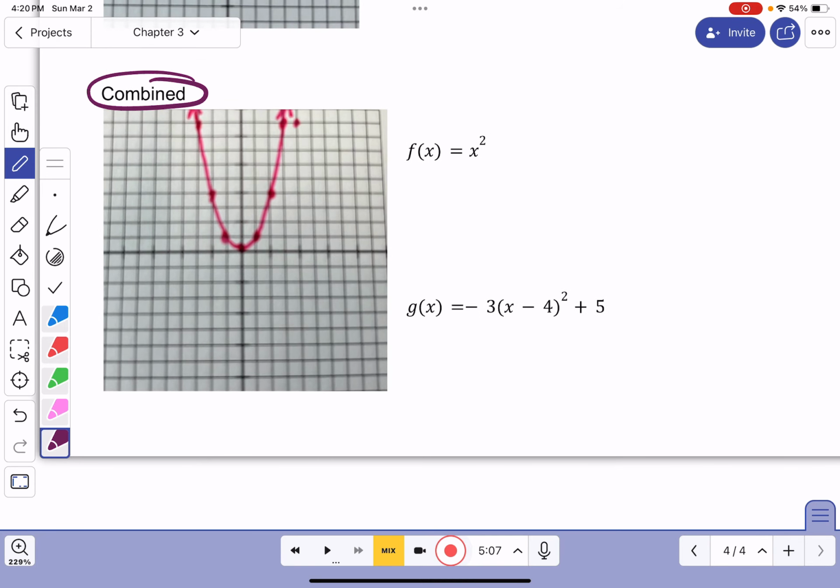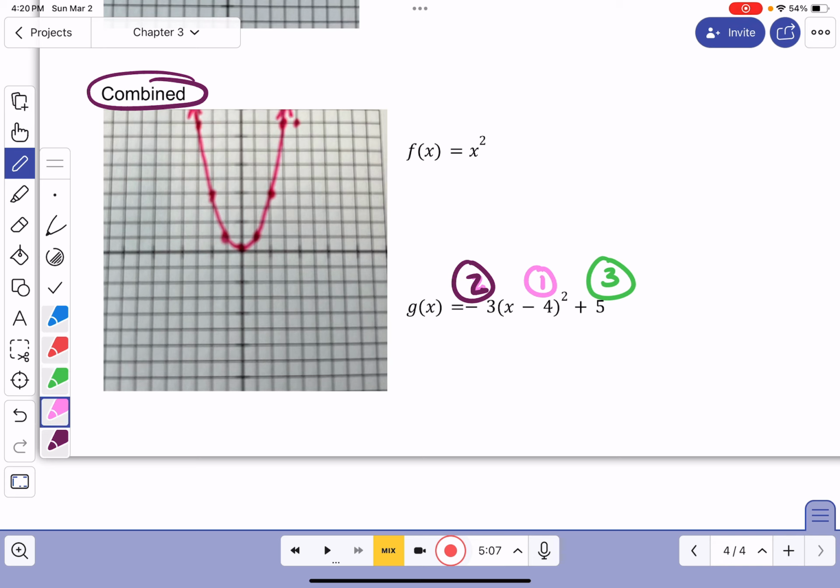When you have a whole bunch of transformations combined, you follow order of operations. So we're still going to do whatever's in the parentheses first. Then we'll do our multiplying. Then we'll do our up and down if we have it. Some people can look at this and do all 3 parts in their mind at once.